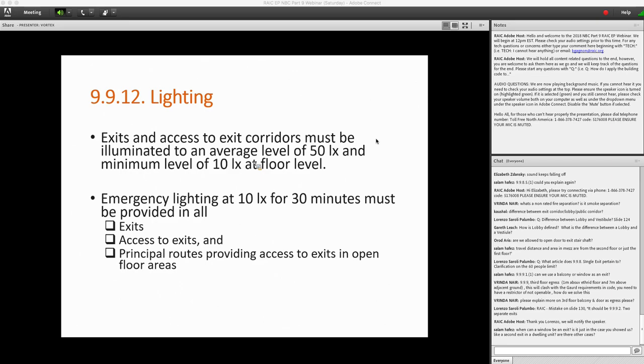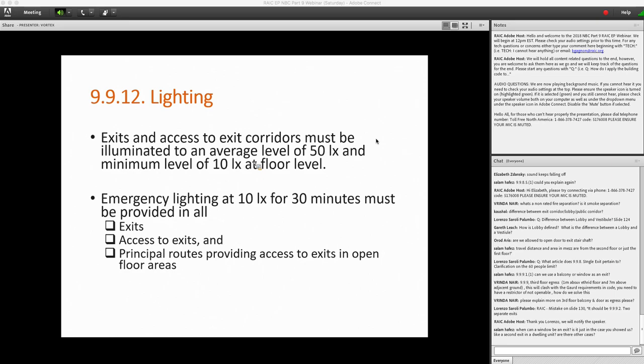Emergency lighting of 10 lux is required to be provided for 30 minutes in all exits, access to exits, and principal routes that provide access to exits in open floor areas. Again, this is not applicable to dwelling units or a house with a secondary suite.